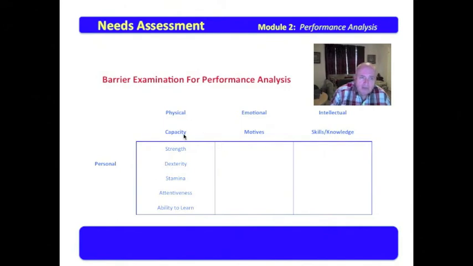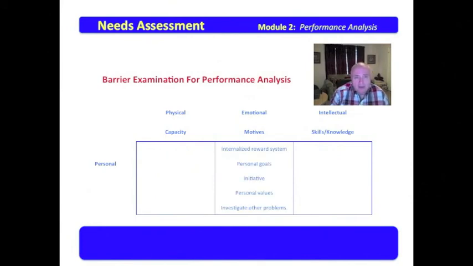Under the physical capacity and personal side, they need the strength, the dexterity, the stamina, the attentiveness, and the ability to learn in order to complete the task. If they lack any of those, then they're in a no-win situation. If you're telling them to lift a 50-pound box and they can't pick up a 10-pound box, you're in trouble. If you expect them to learn something and they just don't have the ability to learn new information, then you have a problem.